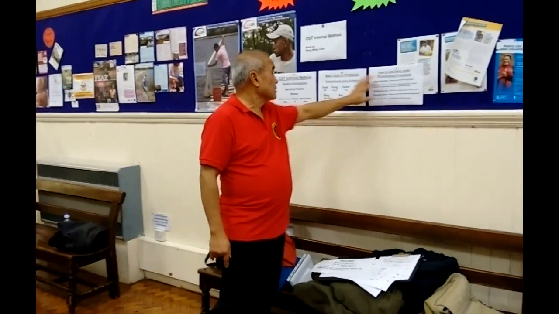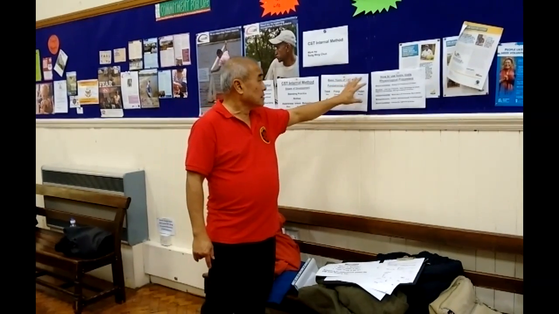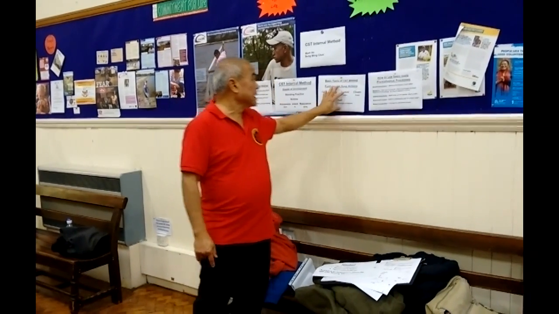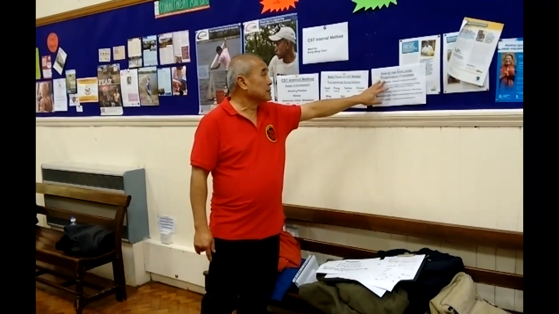So that was my third presentation. So that was my second presentation. In the third presentation in March of this year, I then talk about how to use these basic tools of the Chu Shong Tin method together with processes within your body.